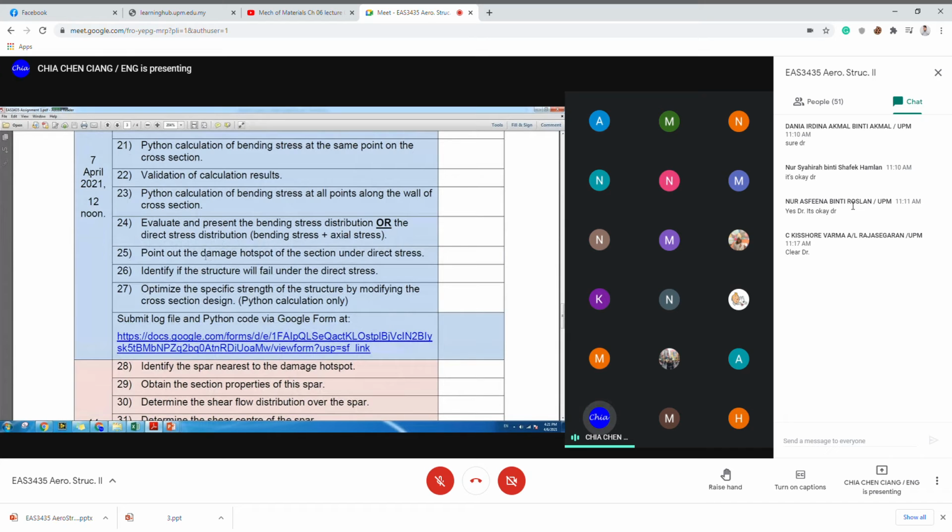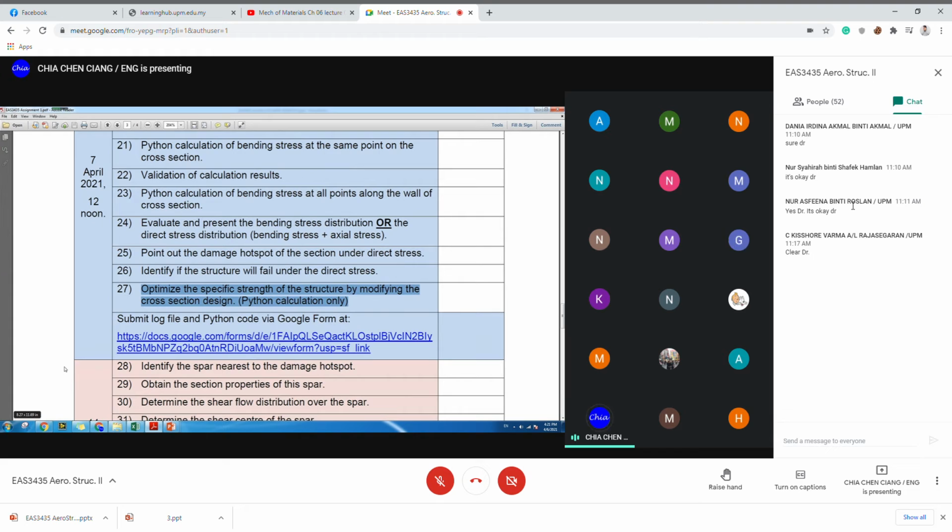Then you should identify the damage hotspot. Then you need to identify whether the cross-section will fail or not under the direct stress. And if yes, you need to optimize the specific strength of the structure.